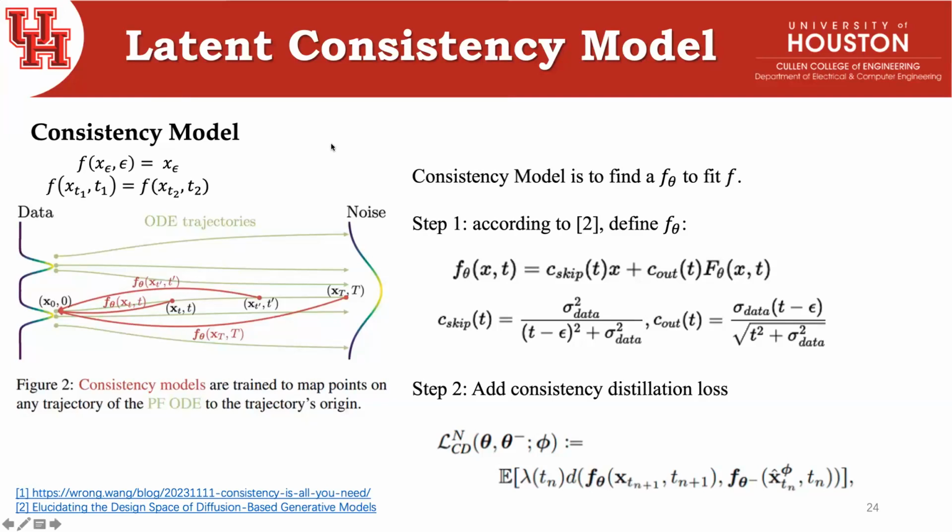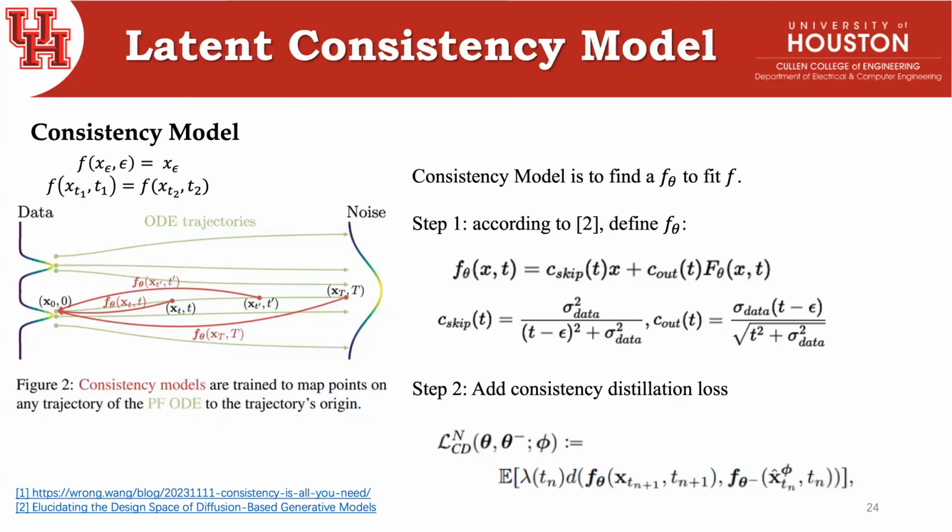Using the f theta we defined, we try to make the output at x_tn closer to the output at x_tn plus 1. So if t is maybe 100, I try to make the 100 time step picture closer to the maybe 1000 time step picture through f theta, and they add this constraint while training the diffusion model.